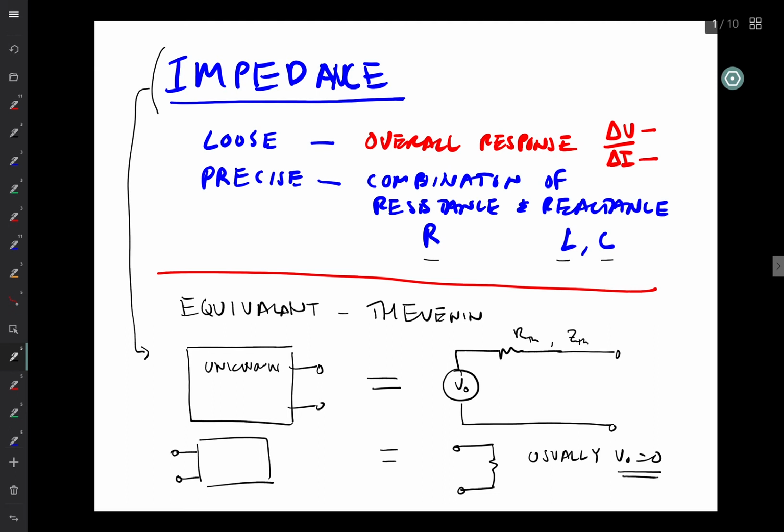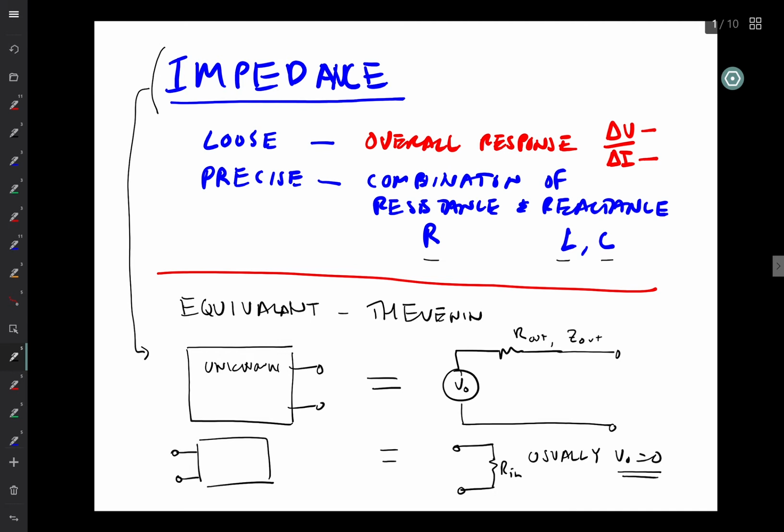But otherwise, there's no distinction between this resistance in terms of how it acts with the outside world and this resistance over here in terms of how it acts with the outside world. So I usually call this, R Thevenin, the output resistance or output impedance. So I'm going to change that here to Z out or R out, and this is R in.